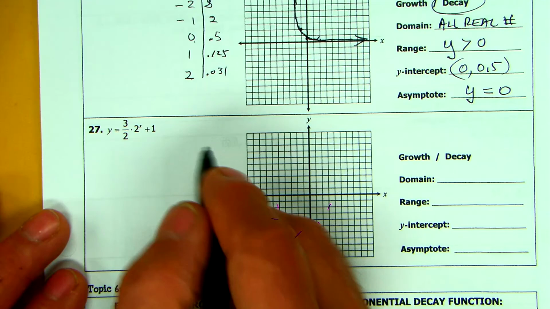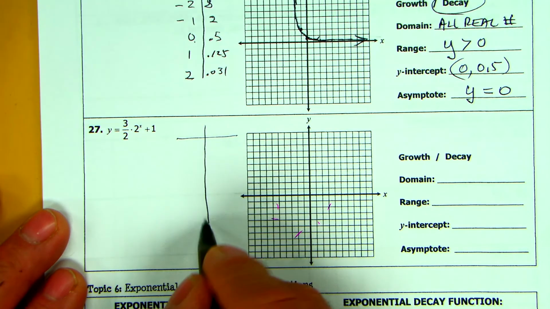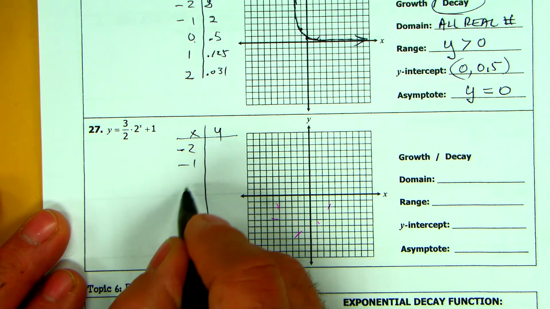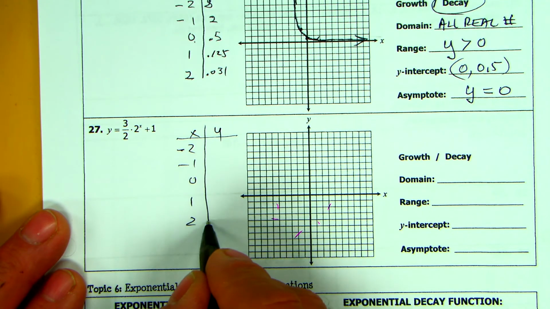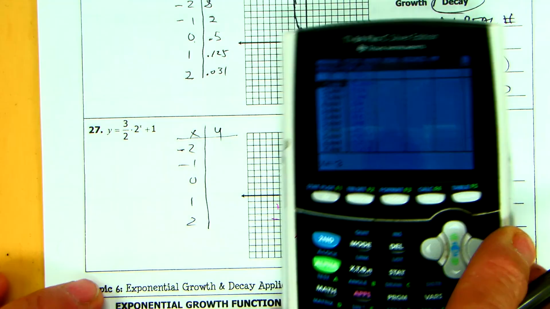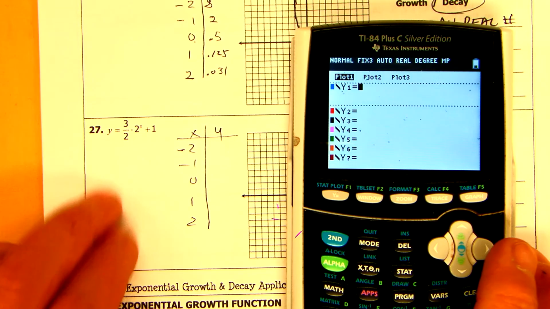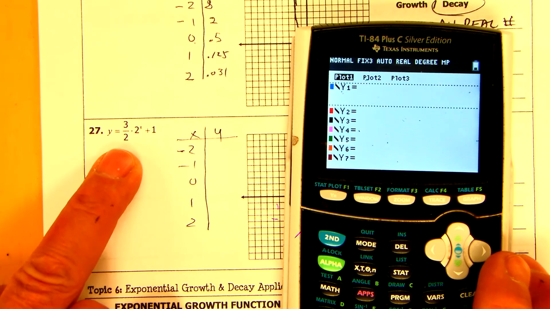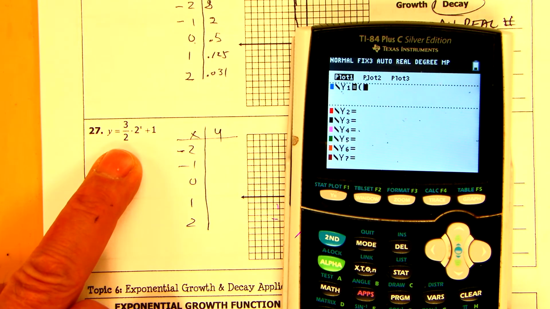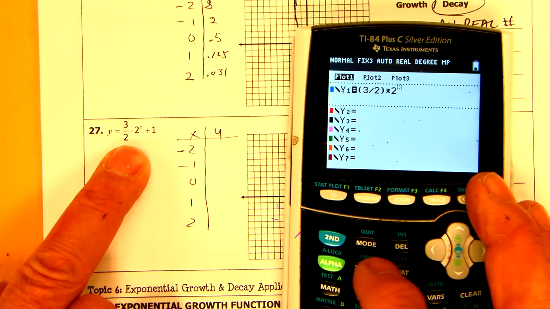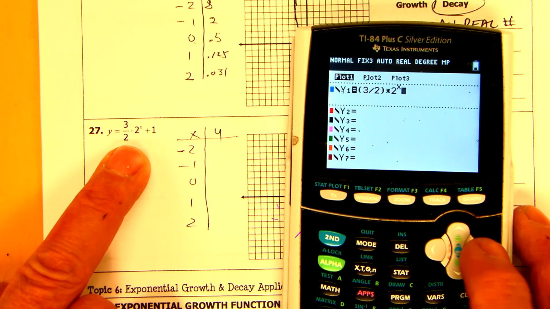Let's move to 27. Again, we're going to get us a table. We have x values, y values, negative 2, negative 1, 0, 1, 2. Take our calculator, go back to y equals, clear that function, and let's put in y is equal to 3 divided by 2 times 2 raised to the x power plus 1.